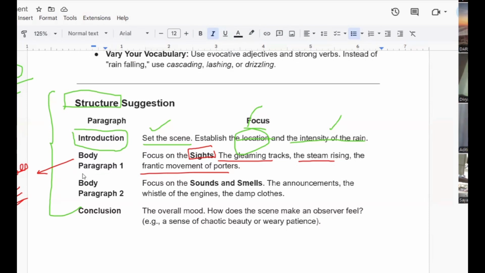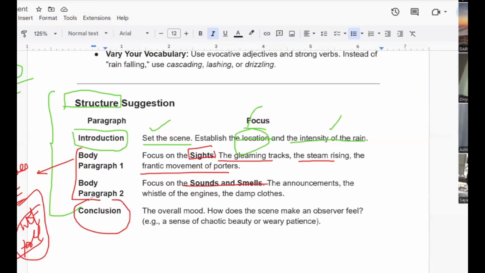The first and the second paragraph focus on the 5 senses and try to make the readers see the descriptions. Means show, not tell. We have to show things to the reader instead of telling. The 2 paragraphs will focus on that.